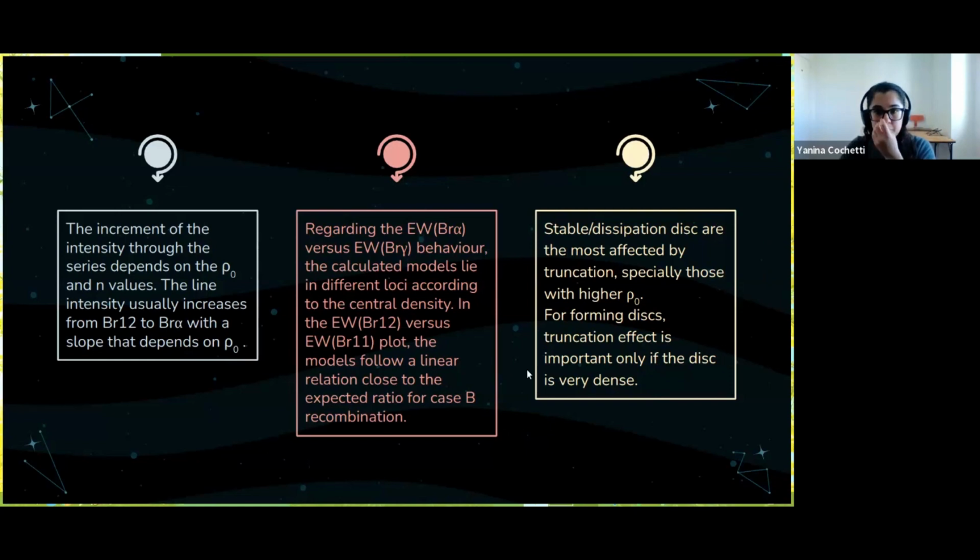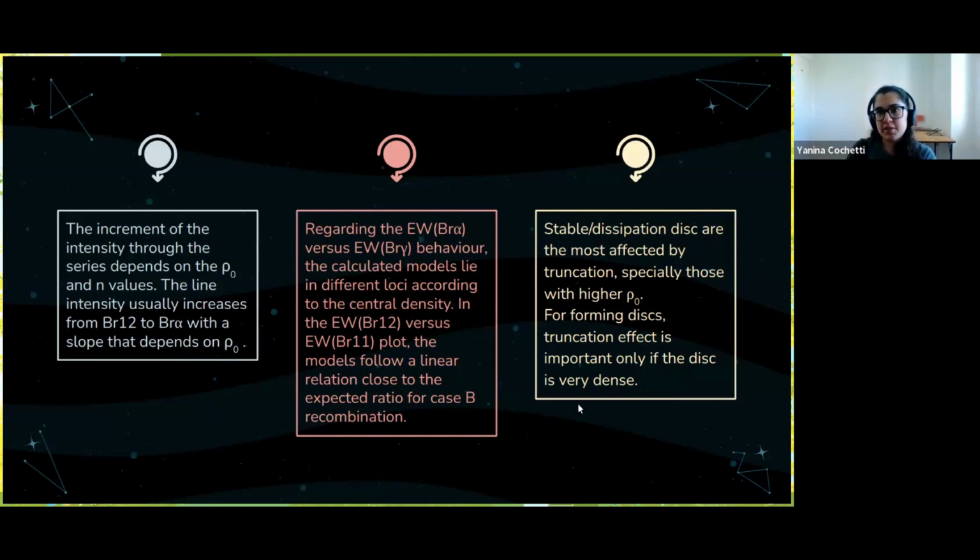And regarding the truncation effect, it seems that stable and dissipating disks are the most affected by truncation, because the density is significant up to regions that are not so close to the star, so the density is falling very slowly, especially for those with higher central densities.